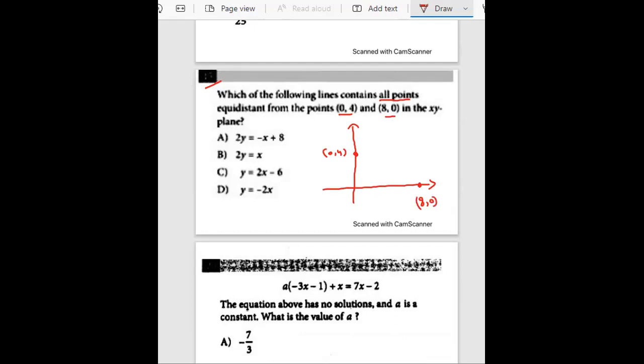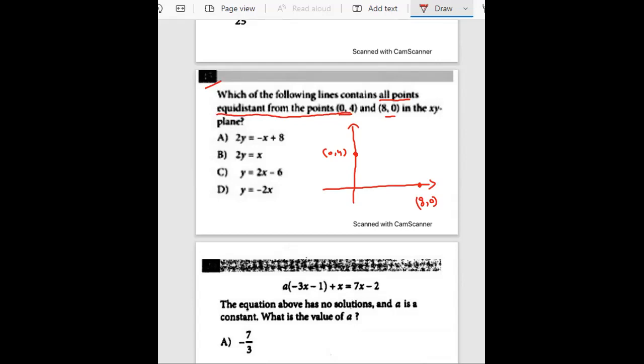And what is the question? Which of the following lines contains all points equidistant from the points this and this. What do you understand by this? Equidistant from points 0, 4 and 8, 0. Equidistant means equal distance, right?